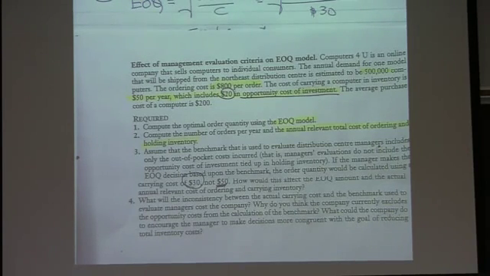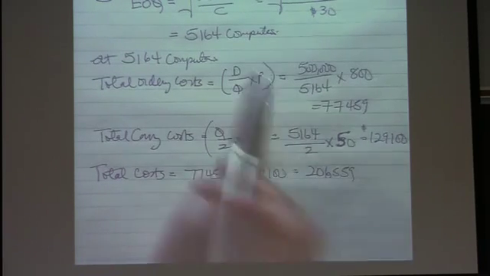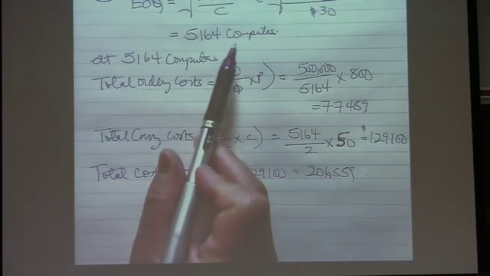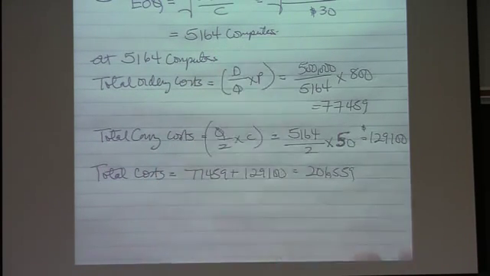What could the company do to encourage managers to make decisions more congruent with the goals of reducing the total inventory cost? So since managers will choose to order 5,164 units instead of the 4,000 units, the cost will go up from 200,000 to 206,559, which is obviously 6,559 higher.